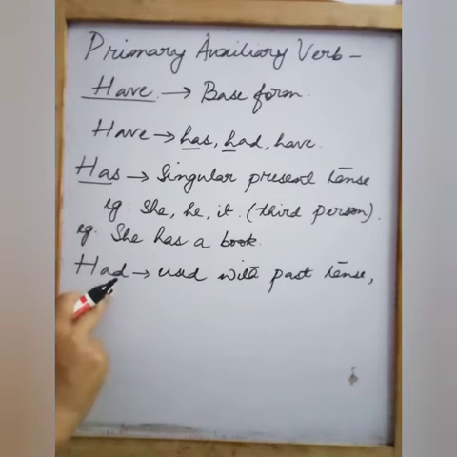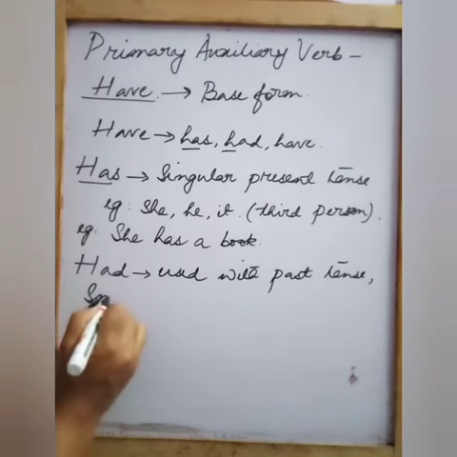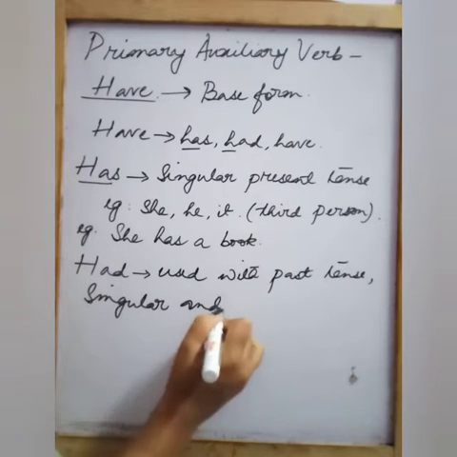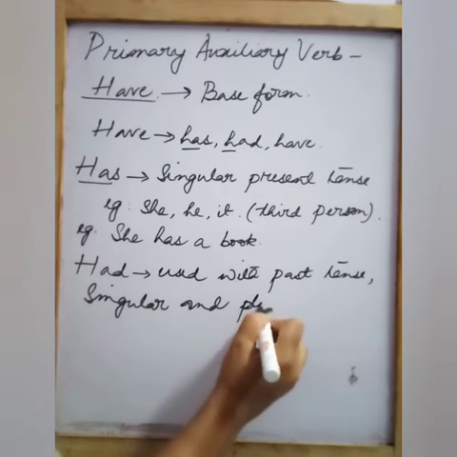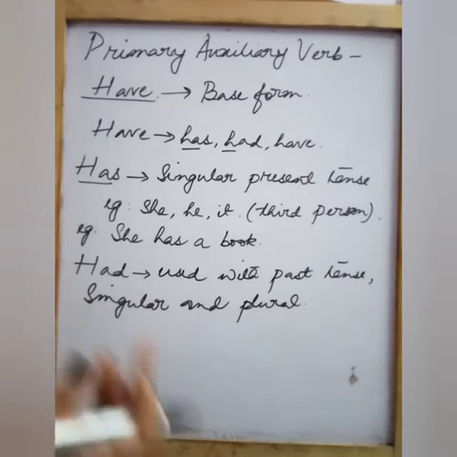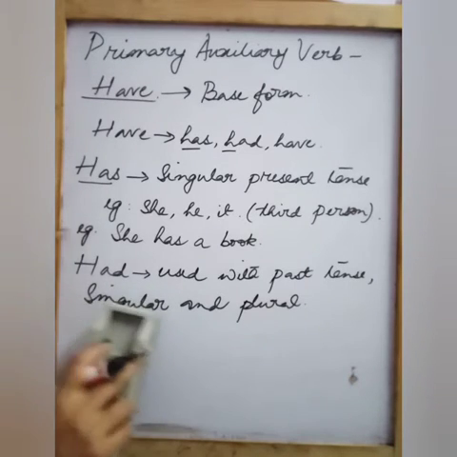So had is the past tense. It is used in both singular and plural, and with all the three persons, that is first, second, third. I had, you had, she had, they had. Fine. So this is an example.